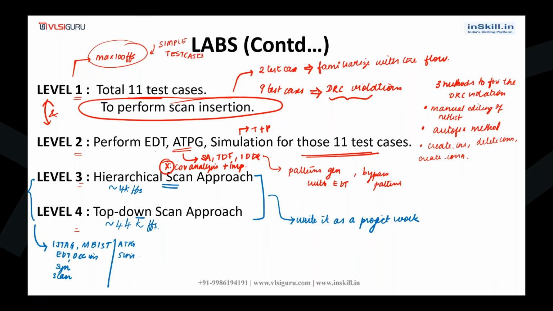In level 1 and level 2 projects, we did not do the IJTAG insertion, MBIST insertion, OCC insertion and all. We have not done it, right? But in level 3 and level 4 projects, we cover everything in the complete flow. Level 3 projects is the hierarchical scan, and level 4 projects is the top-down approach.